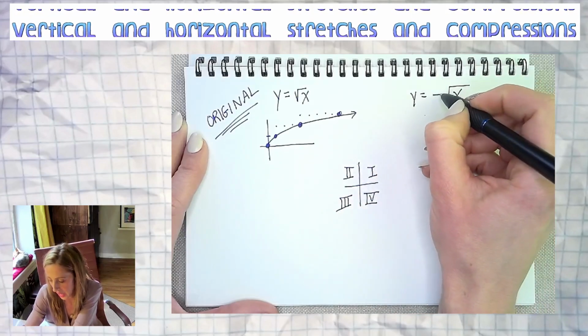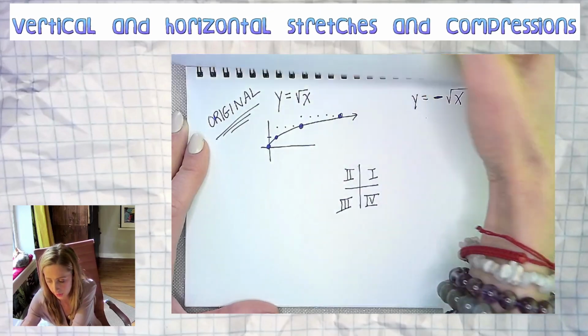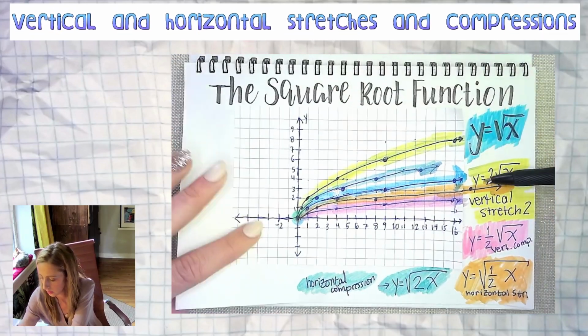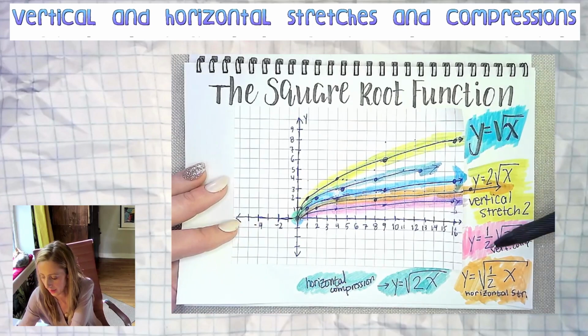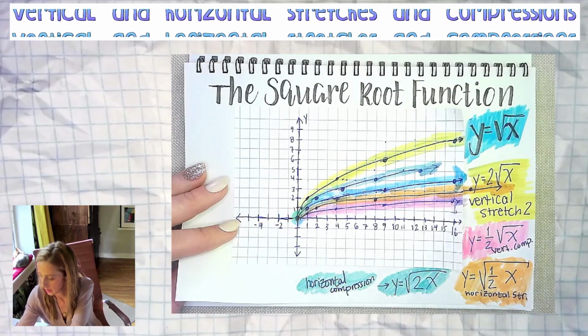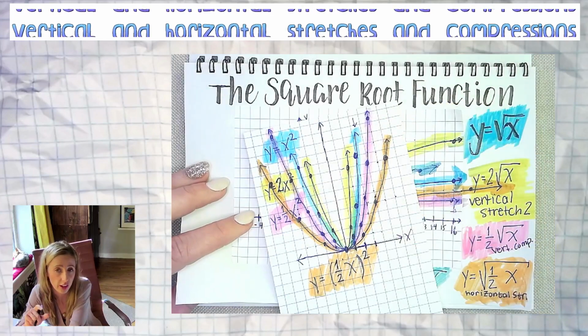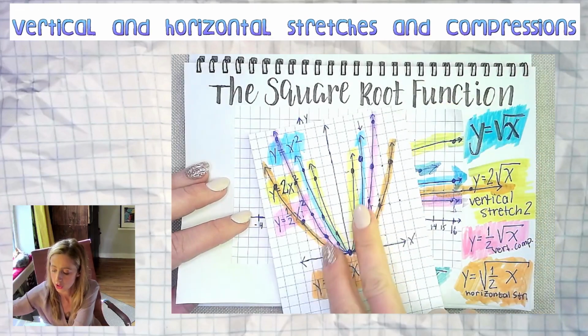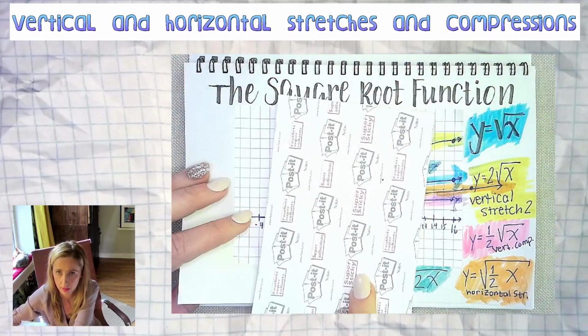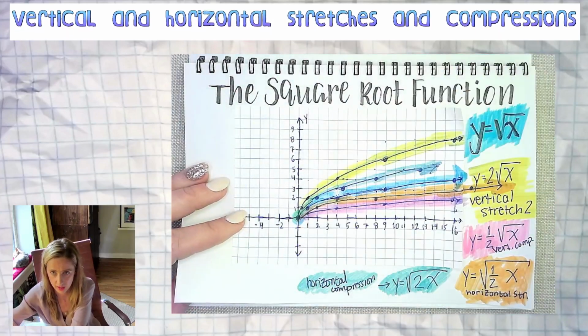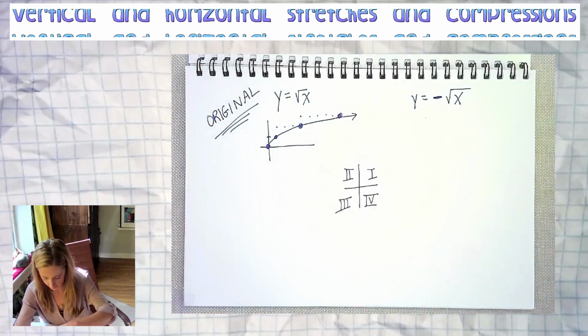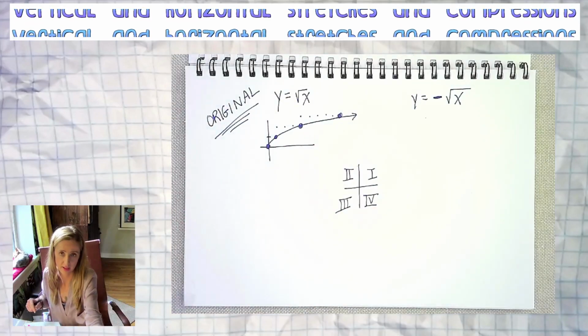This on the outside is similar to this 2 or 1/2. And this 2 and this 1/2. And those affect your graph vertically like this. So when it flips it vertically, it's going to take this and it's going to flip it vertically.